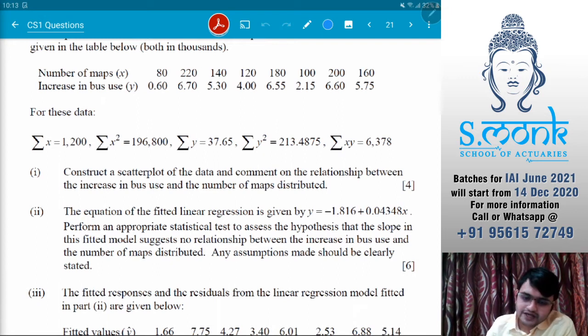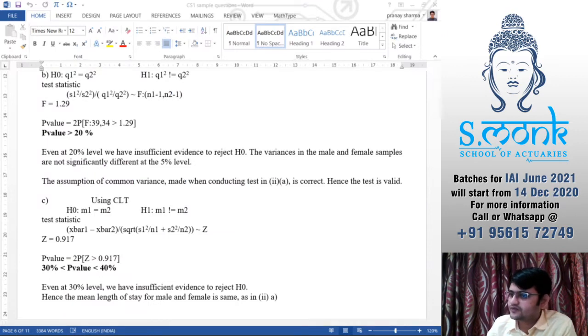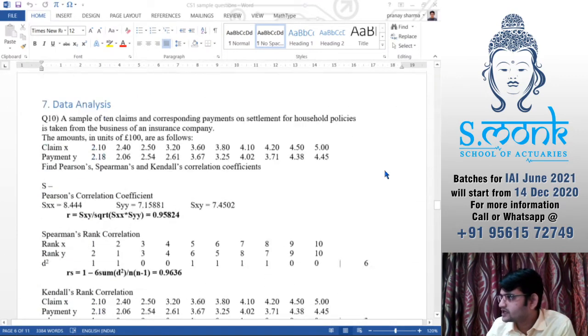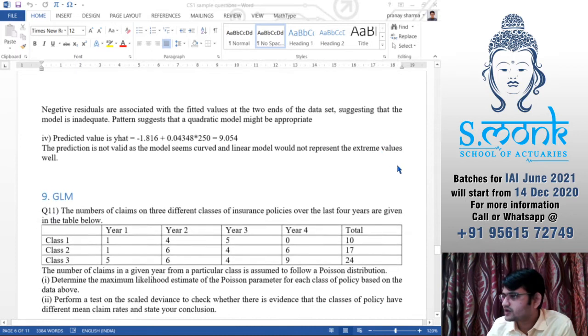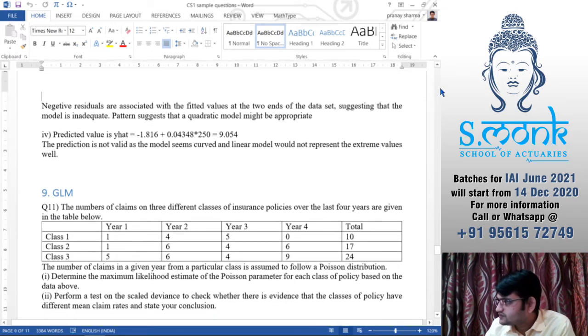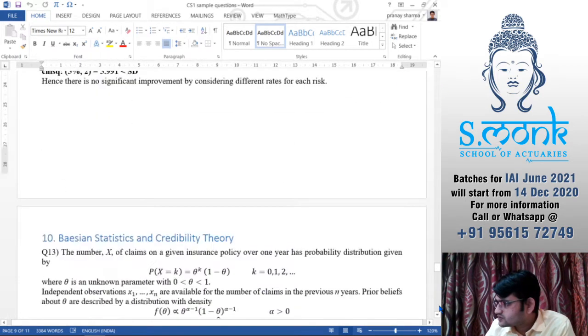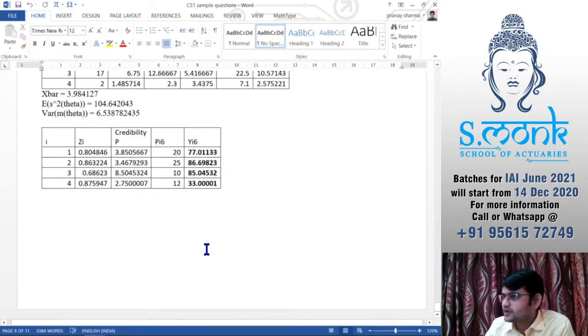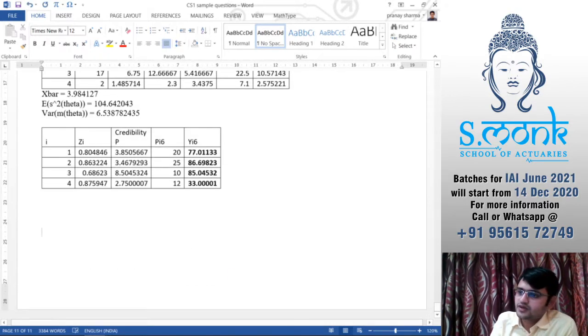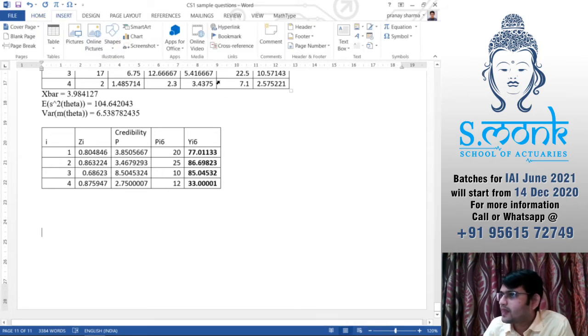So they may ask you scatter plot diagram, although the chances are very less, but if they do, we should know how to make a scatter plot diagram. Okay, I'll just make it here. Just go to insert, and in insert you will have chart.